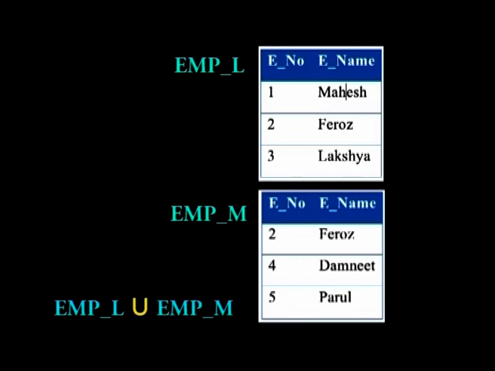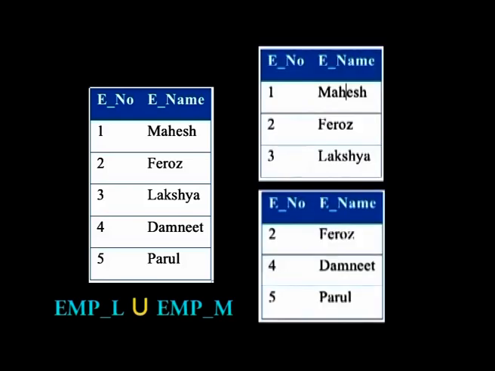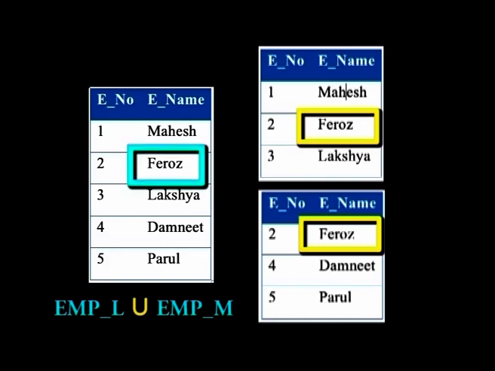The union of the relation EMP_L and EMP_M, denoted by EMP_L union EMP_M, will be shown onto the screen. Here duplicate tuple 2, Firoz has been automatically eliminated and the rest is the union of two relations.